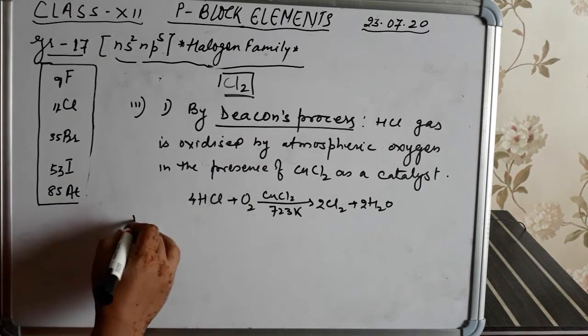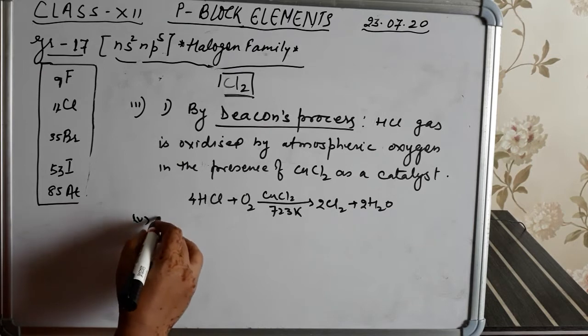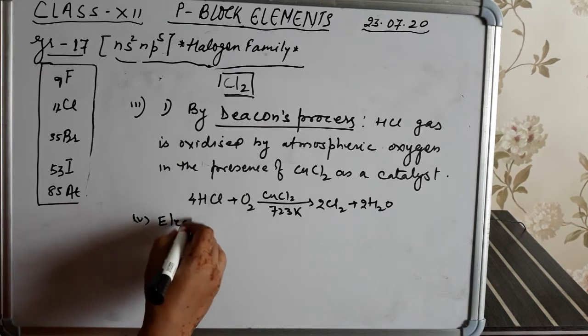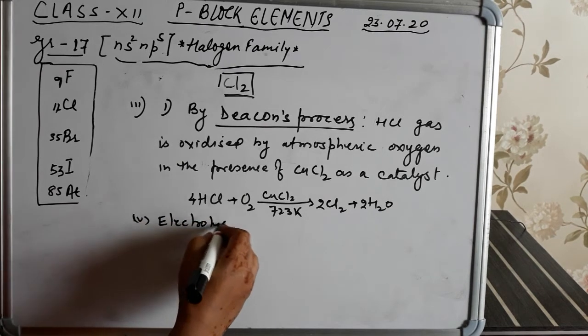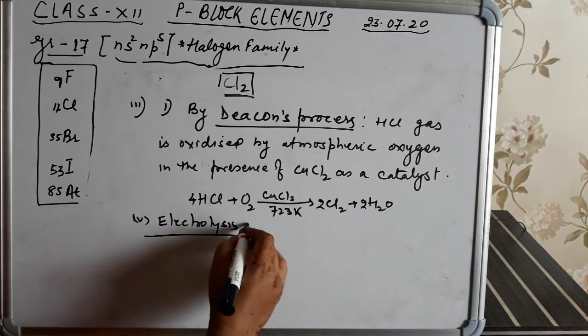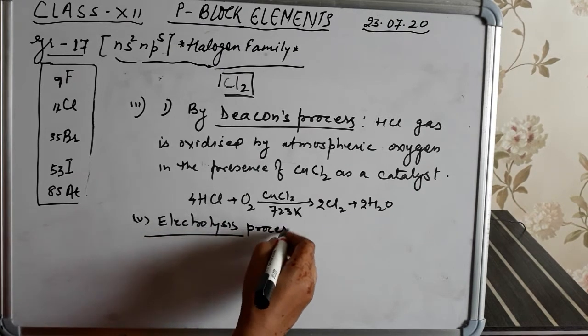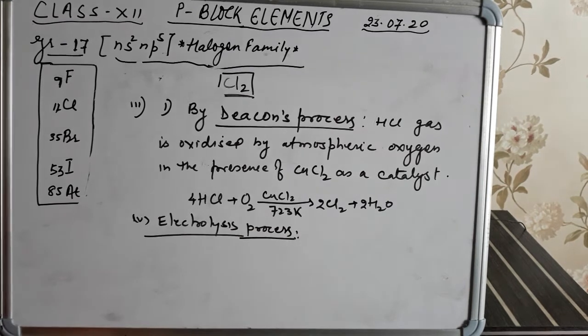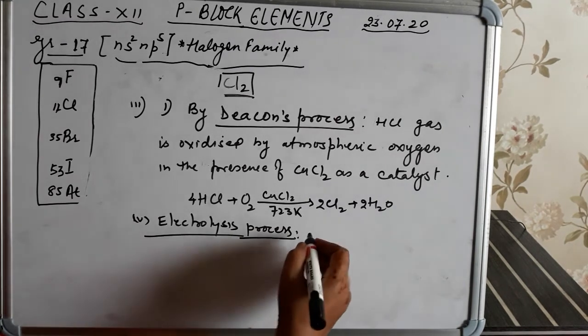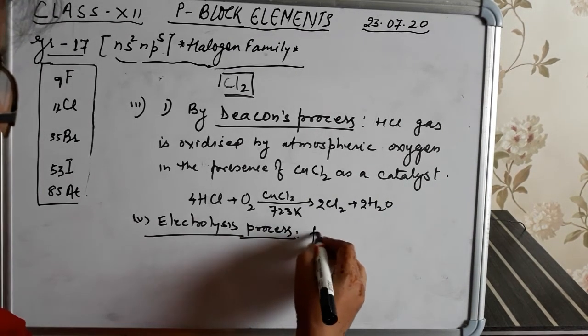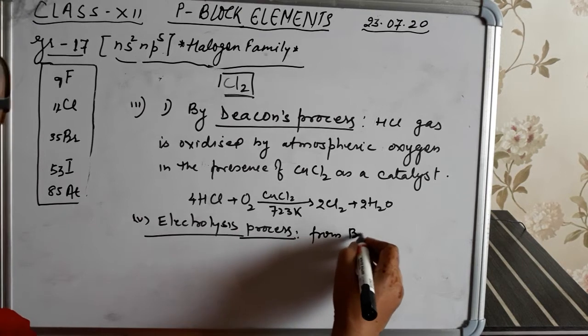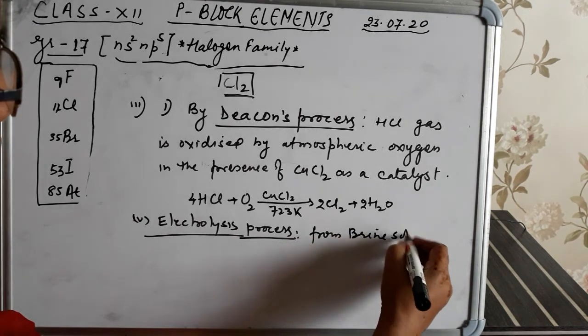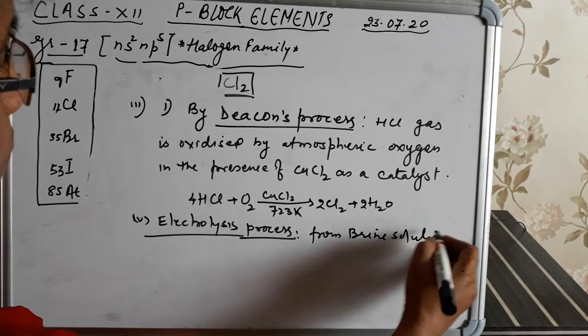The next method is the electrolysis process. From brine solution we can prepare chlorine. What is brine solution?